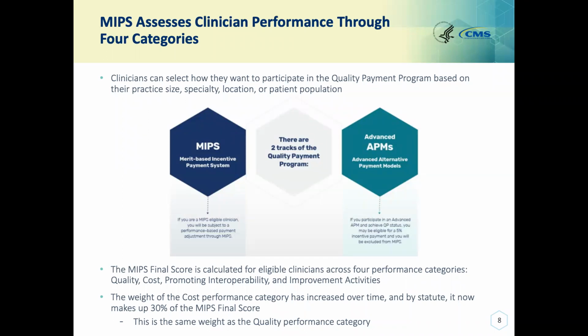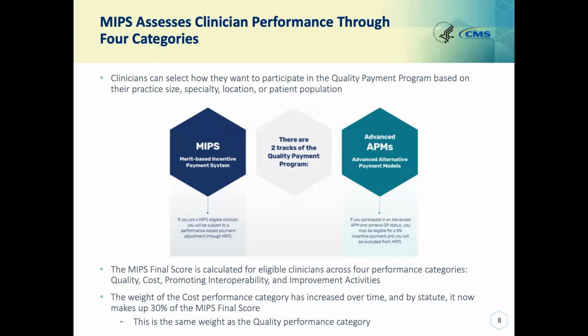A clinician's performance score for each category is rolled up to a MIPS final score, which then determines a payment adjustment. Each of the MIPS performance categories has a weight assigned to it. The weight of the MIPS cost performance category has increased incrementally over time. 2017 was the first year of MIPS, and the cost performance category was weighted at 0%.